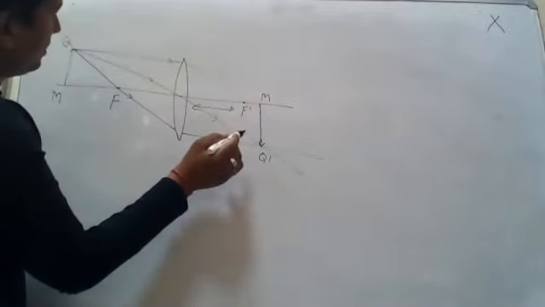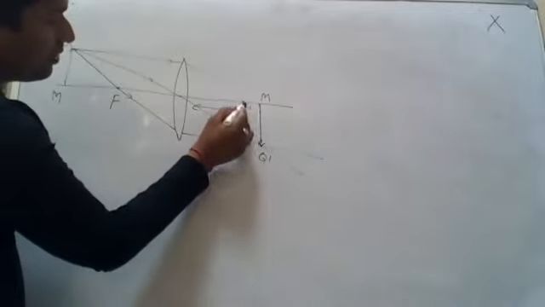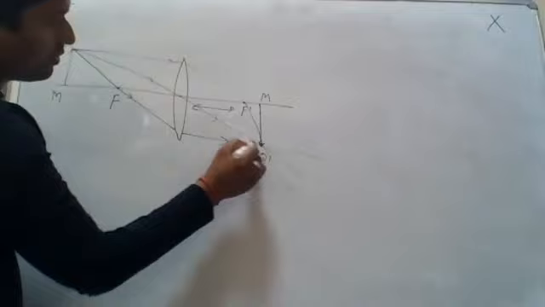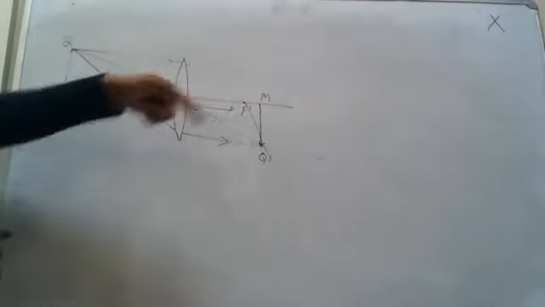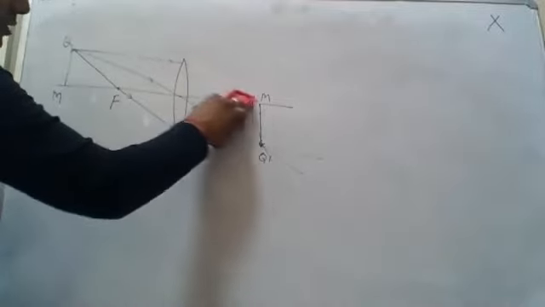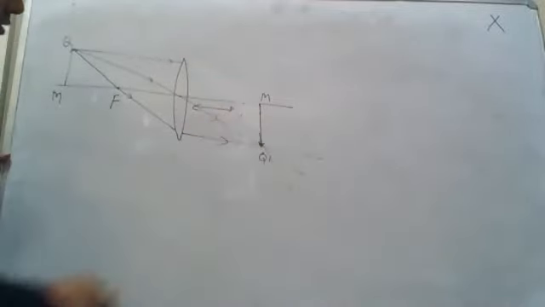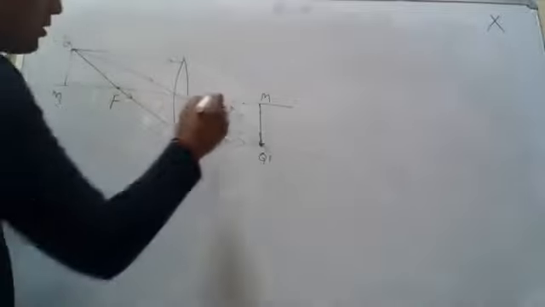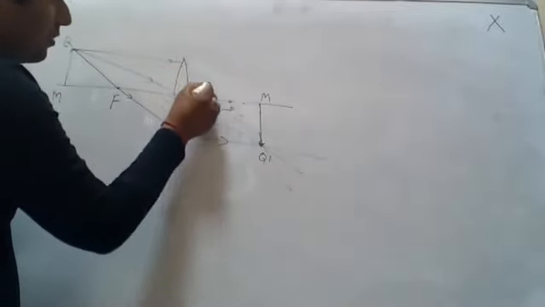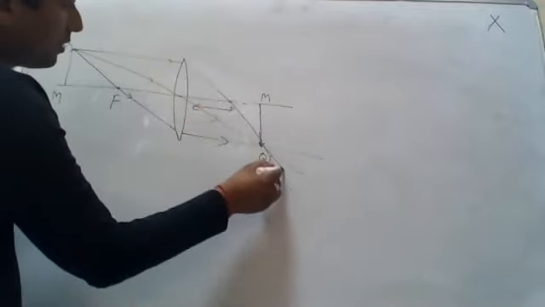Basically, it's not exactly going to meet, but it is supposed to meet at this point. So this ray will also need to cross like this.